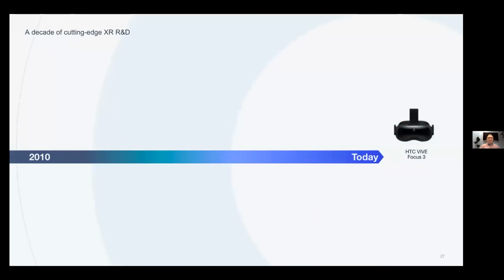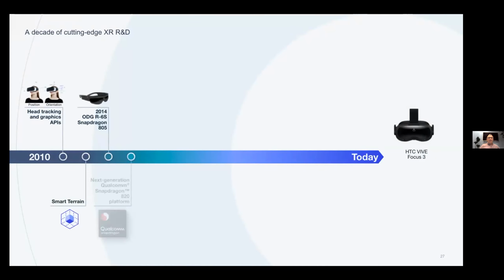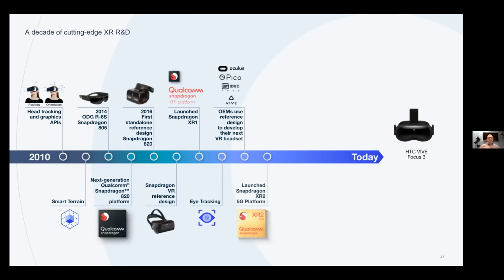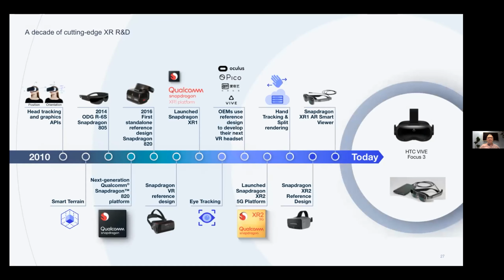So I'm going to spend a couple of seconds on this slide here. Very quickly, for many of you, if you know about Qualcomm, we're very synonymous with smartphones, but our chipsets are also in many other devices, anywhere from IoT devices to automobiles to quite a few things. And of course, in the context of this presentation, in a majority of the XR, both VR and AR headsets out there.